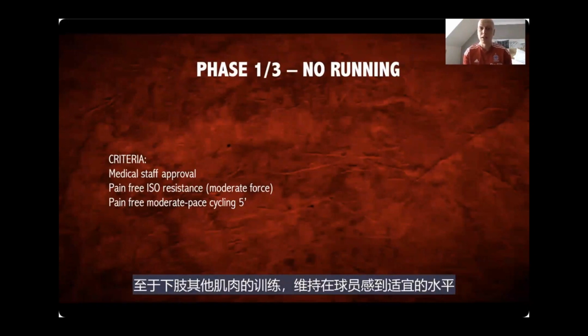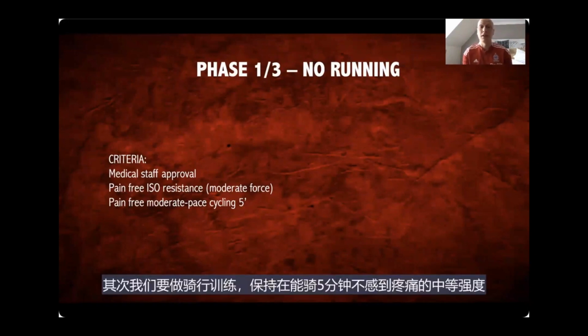We are not pushing anything where a player could feel uncomfortable. And we want to do cycling, and we want to achieve at least 5 minutes of continuous cycling in moderate pace that player rates as pain-free.